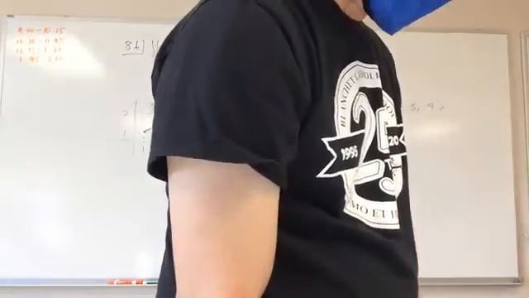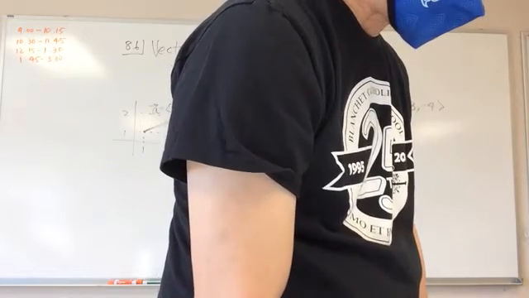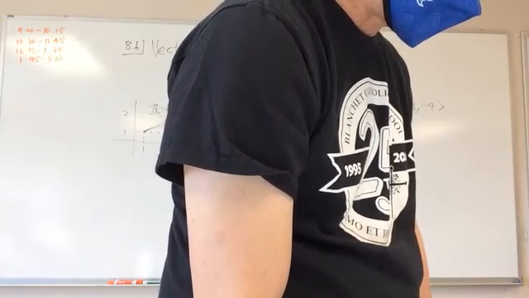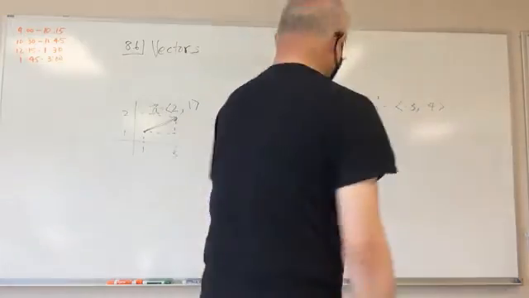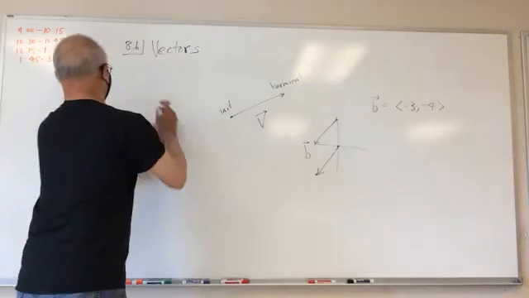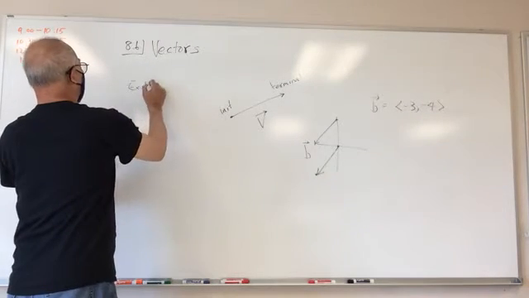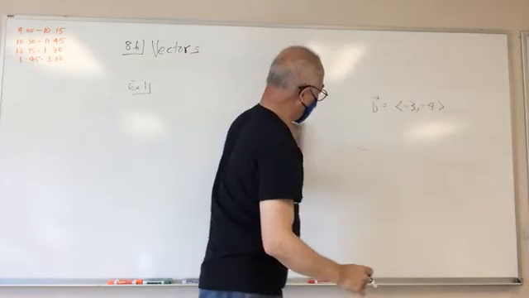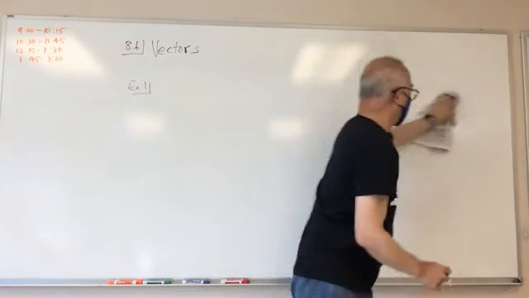Example number 1, write each vector in component form. So the first one is fairly simple. I'm going a little overboard, as you can see, going a little beyond what the book has.